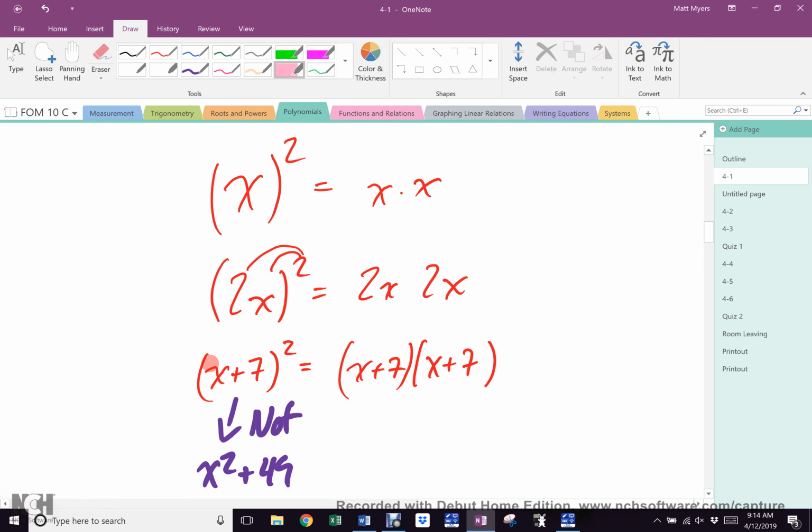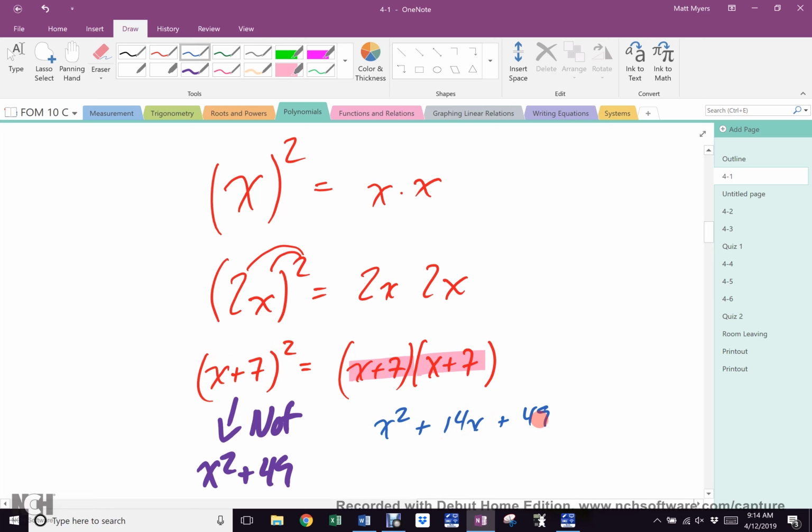What's the base here? X plus 7 is the base. When you square a base, you have to have 2 of them, don't you? So you get x squared plus 7, 14x, 7 times 7, 49.